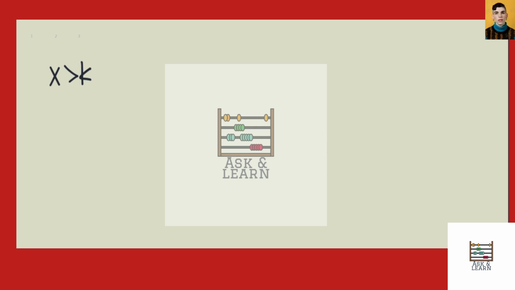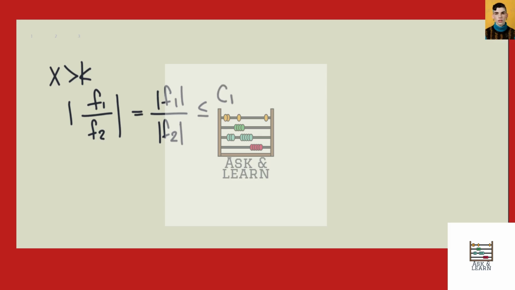And then we can consider the absolute value of f1 over f2. Right, it's going to be equal to the absolute value of f1 over the absolute value of f2, which is then less than or equal to c1 times the absolute value of g1 over c4 times the absolute value of g2.